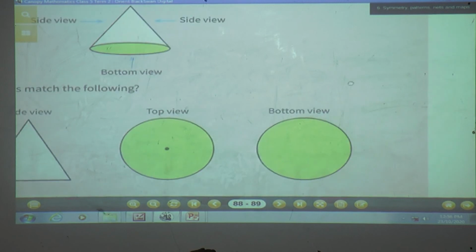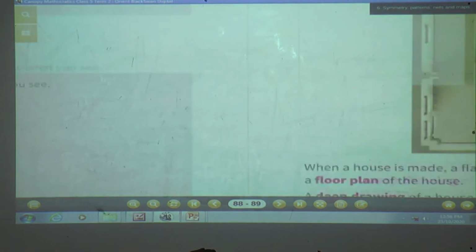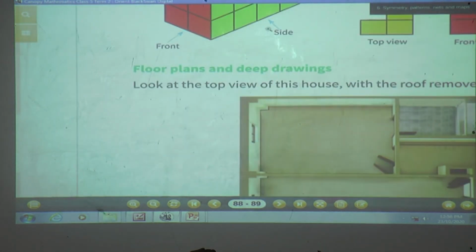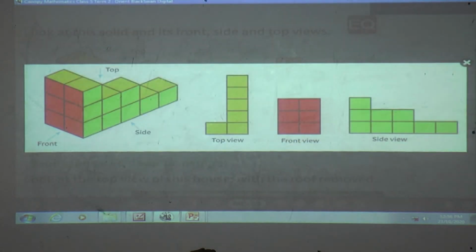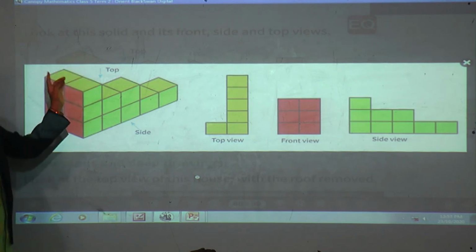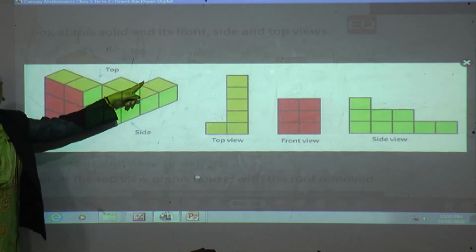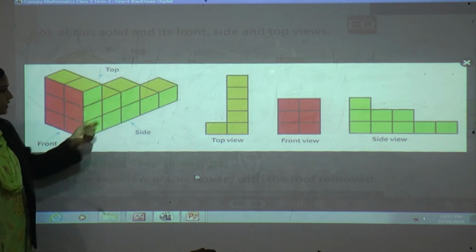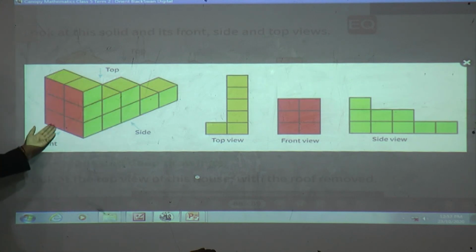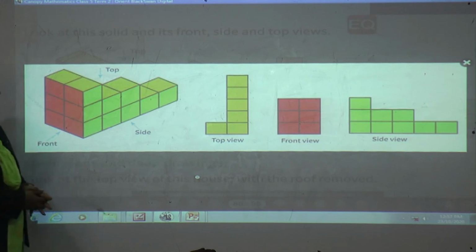See page number 89. Here, look at these solids and their front, side and top views. See students, when we look from the top, this one is a top view. This is a side view of the figure and this is a front view of the figure.